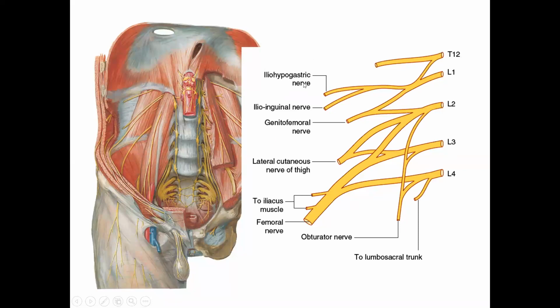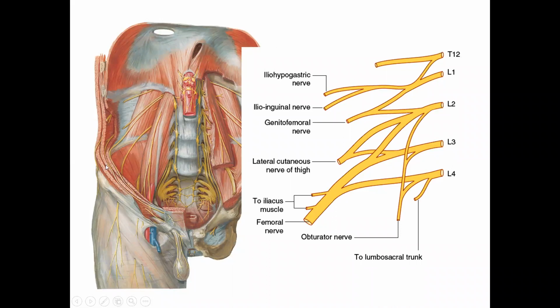Just to recapitulate, the iliohypogastric, ilioinguinal, lateral cutaneous nerve of thigh, and femoral nerve are all sequentially lateral to the psoas major. Another point to be remembered: the nerve which is going towards the anterior superior iliac spine is the lateral cutaneous nerve of thigh. So identify that, and then you can identify the ilioinguinal, iliohypogastric, and subcostal. In front of psoas major is the genitofemoral. Medial to psoas major are the obturator and lumbosacral trunk.